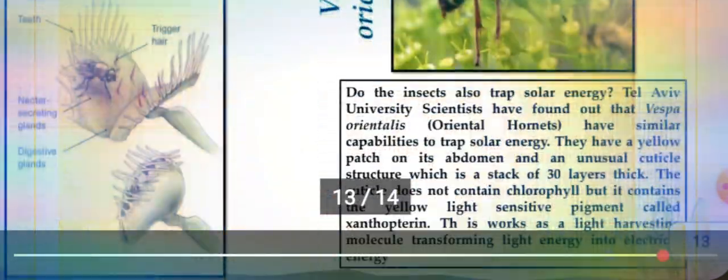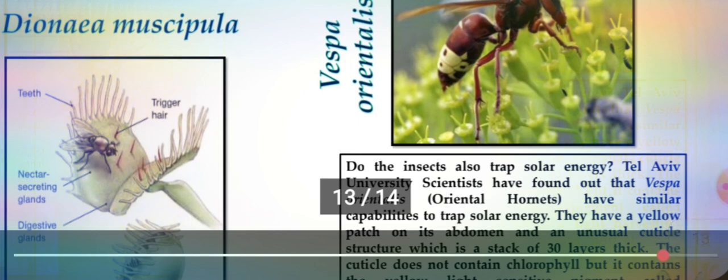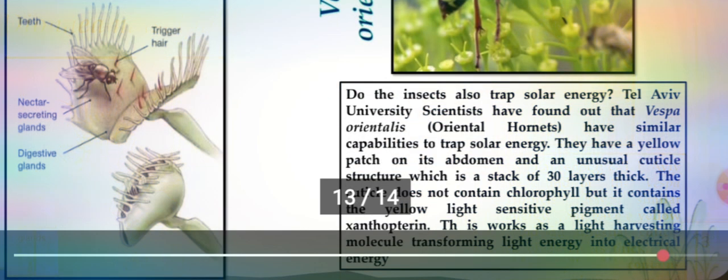Then the next thing I want to tell you is Vespa orientalis. What is Vespa orientalis? We know it, the wasp or hornet. It's a social insect. And do insects also trap solar energy? There is a question.